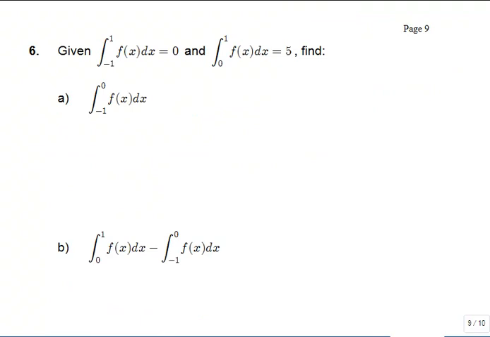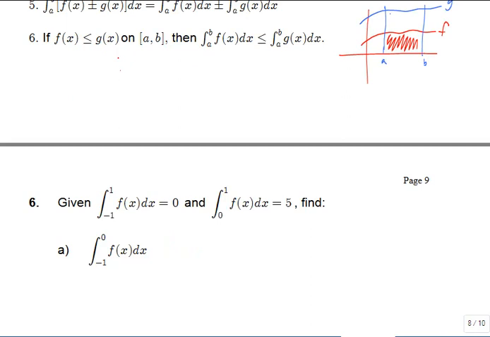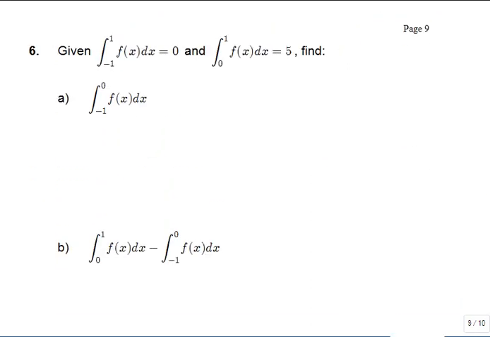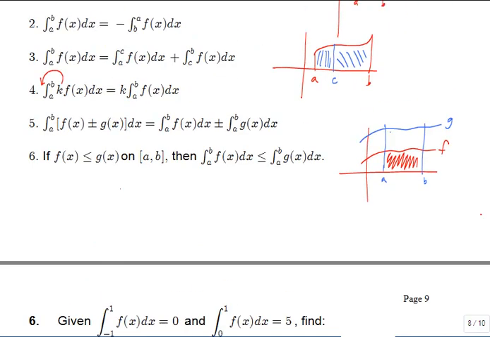All right, so let's use some of our properties here. Given that the integral from -1 to 1 of f is 0, and the integral from 0 to 1 of f is 5, find the integral from -1 to 0 of f. Okay, so this is going to be that property number 3 that we're going to use.